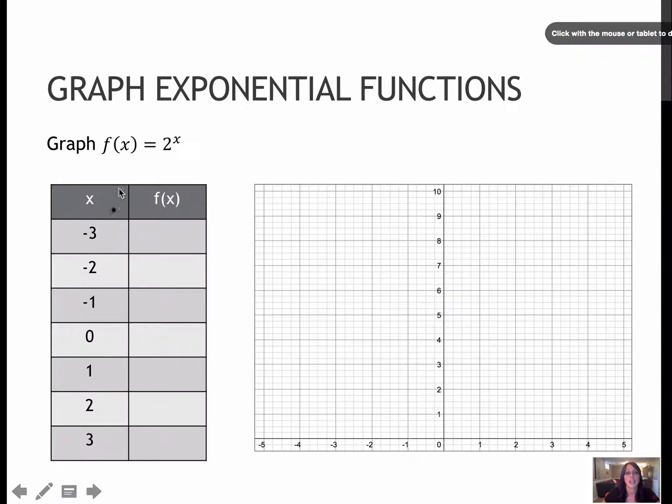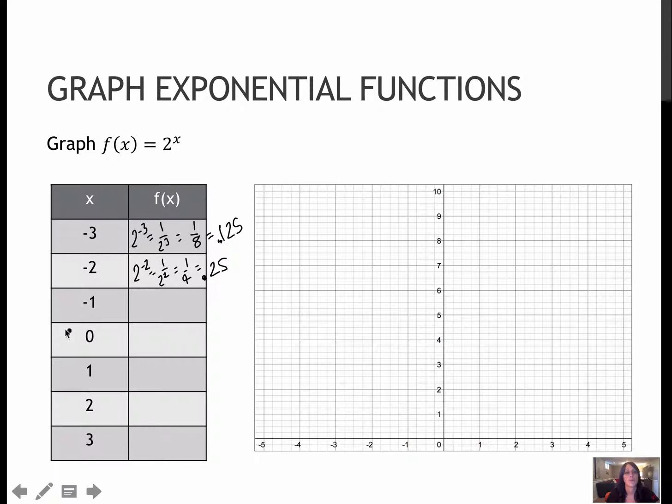Here, finding f of negative 3 means 2 to the negative 3, which means 1 over 2 to the third, because that's what the negative means, which is 1/8, or 0.125. f of negative 2 means 2 to the negative 2, or 1 over 2 squared, which is 1/4, or 0.25. If I plug in negative 1, that's 2 to the negative 1, which is 1/2, or 0.5.